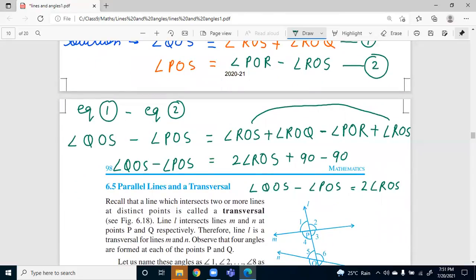So if this 2 will go to the other side, you will get the answer. So we have to observe the right hand side and put the value of QOS and POS.